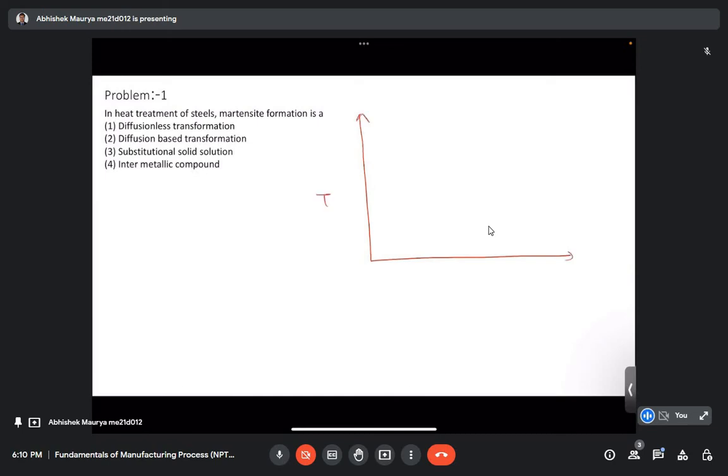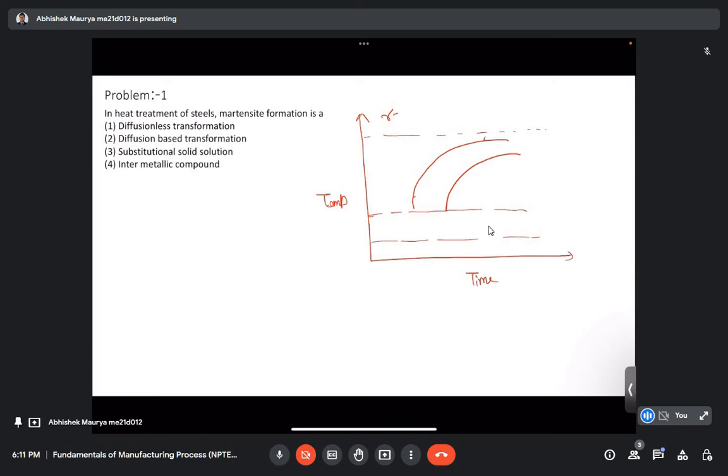Here we have temperature, here we have time, and initially we have austenitic steel, gamma.